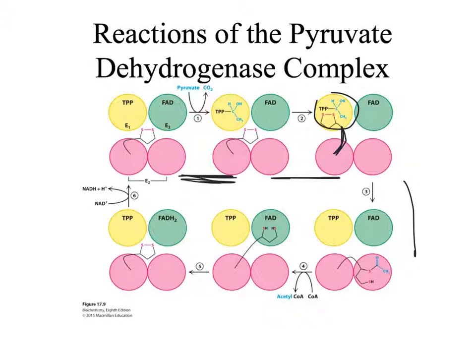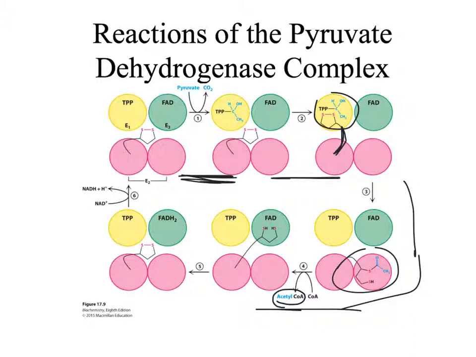In the third step, E1 catalyzes the transfer of the 2-carbon group to the lipoamide group to form that acetyl-lipoamide complex, which we see there. In step 4, we're moving down. We have this E2 that catalyzes the transfer of the acetyl moiety to the coenzyme A, and we ultimately produce acetyl-CoA as our product.